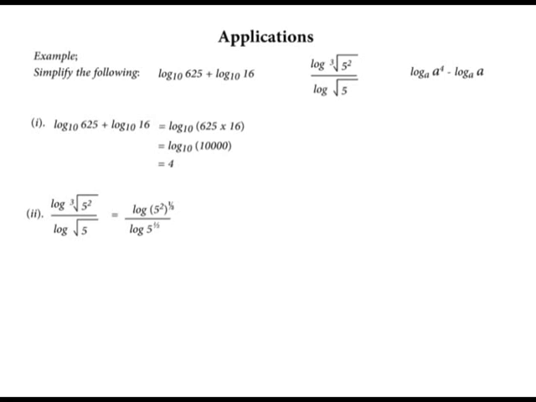Completing that, we shall have log of 5 raised to power 2 over 3 over log of 5 raised to power half. Using rule 1, this is equal to 2 over 3 log 5 over a half log 5. We cancel log 5. We remain with 2 over 3 over 1 over 2, which is equal to 4 over 3.